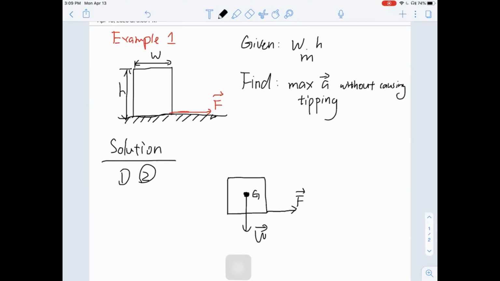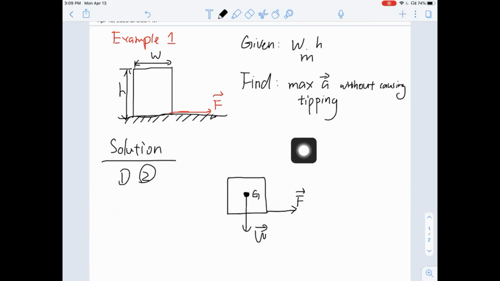And what other forces do we have here? Do we already have all the forces on the free body diagram? Who can tell me what other force we need? Normal force? Yeah, we need to have a normal force. But where do we apply that normal force? If this block is just sitting on the table without moving, the normal force will just pass through the mass center, pointing upward.